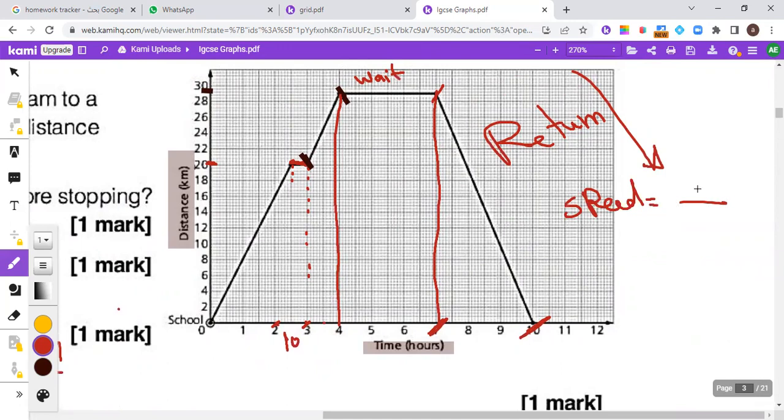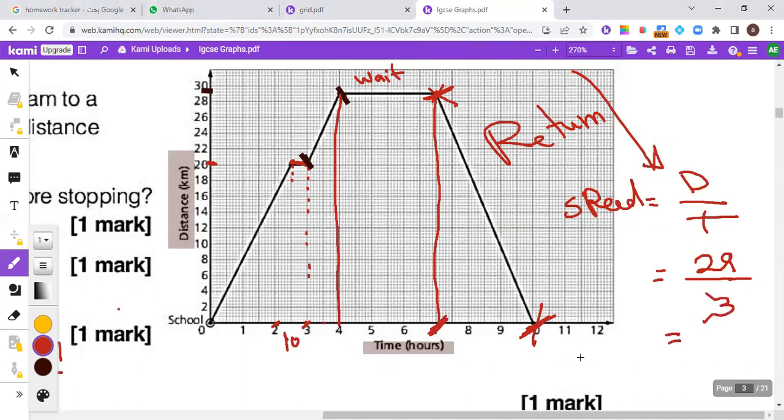Distance over time. Good. So here, what is the distance? 29. And the time? From 7 to 10, 3 hours.